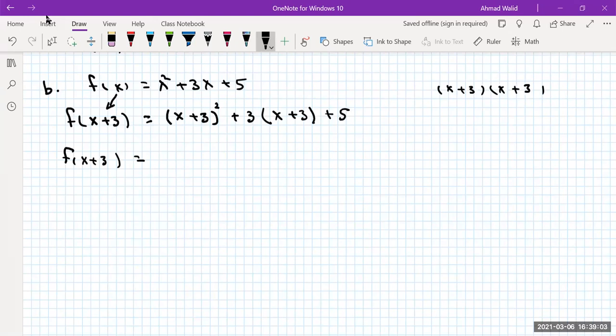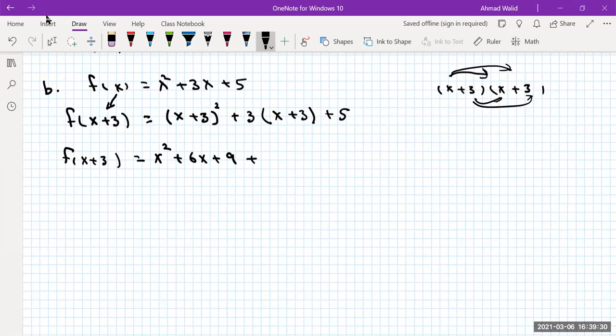But I know the answer is x squared plus 6x plus 9 because I used the a plus b squared formula: the square of the first plus 2 times the first term and second term plus the square of the second term, correct? But if you FOIL this way, you will end up with what I have there, correct?